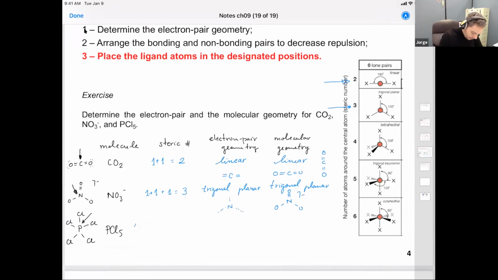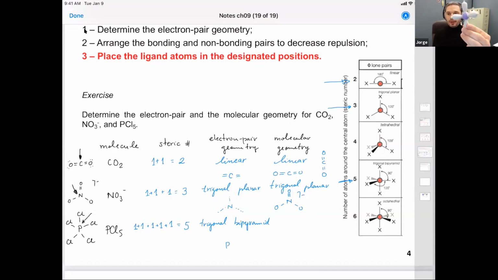We have here 5 single bonds, therefore 1 plus 1 plus 1 plus 1 plus 1 equals 5. Go to the table, see for steric number equals 5, what is the most stable geometry? Right here, according to the table, it is going to be trigonal bipyramid. Okay, so phosphorus at the center of the structure.